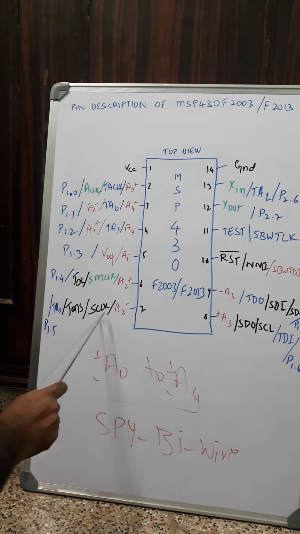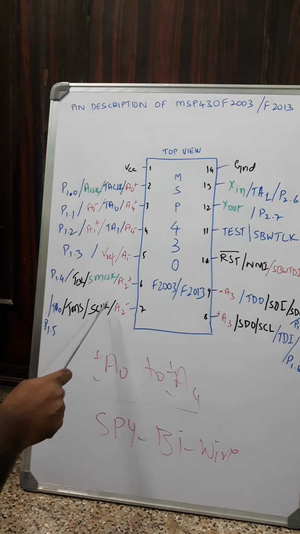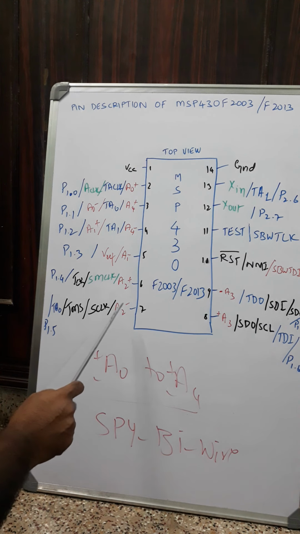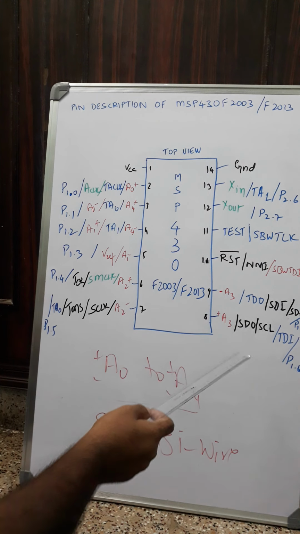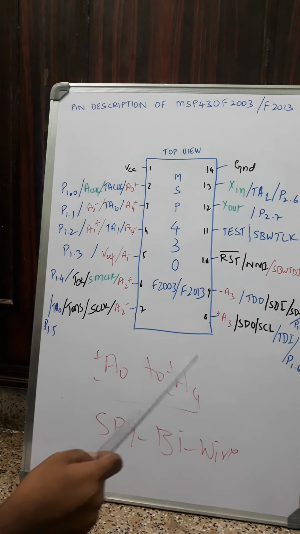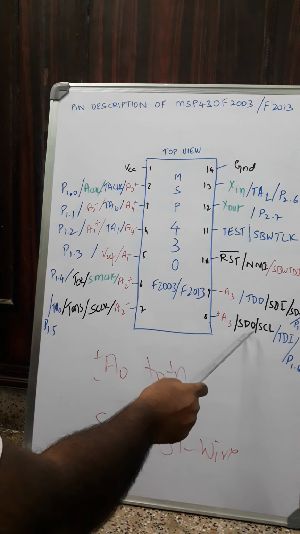SCLK is the clock required for the SPI communication. SPI means synchronous peripheral interface communication, which needs a clock because it is a synchronous operation. So that is provided by this pin. And then SDA, that is synchronous data input, synchronous data output, or else serial data input and serial data output.